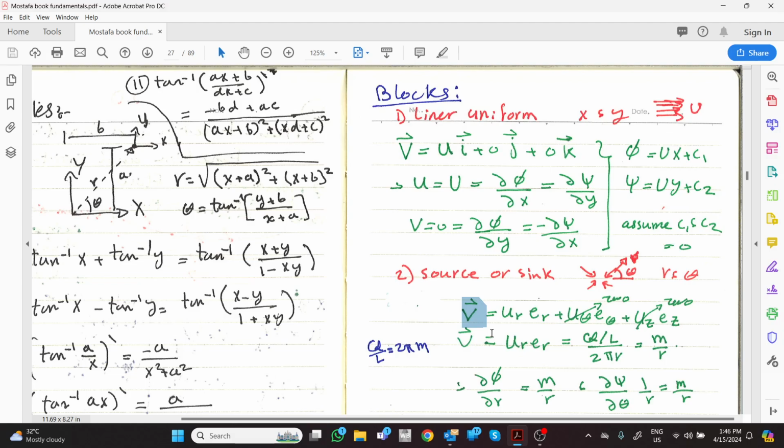It is very, very simple that the velocity is equal to ur, the velocity in r direction, er. Er is not e, which is 2.7, it is like i and j and k. So ur is the velocity in r direction, plus the rotational velocity in theta direction, plus the velocity in z direction.